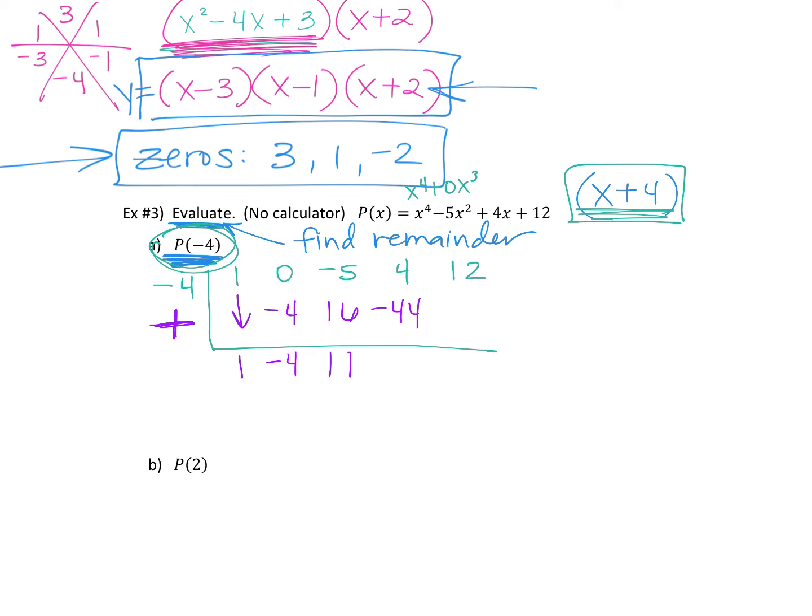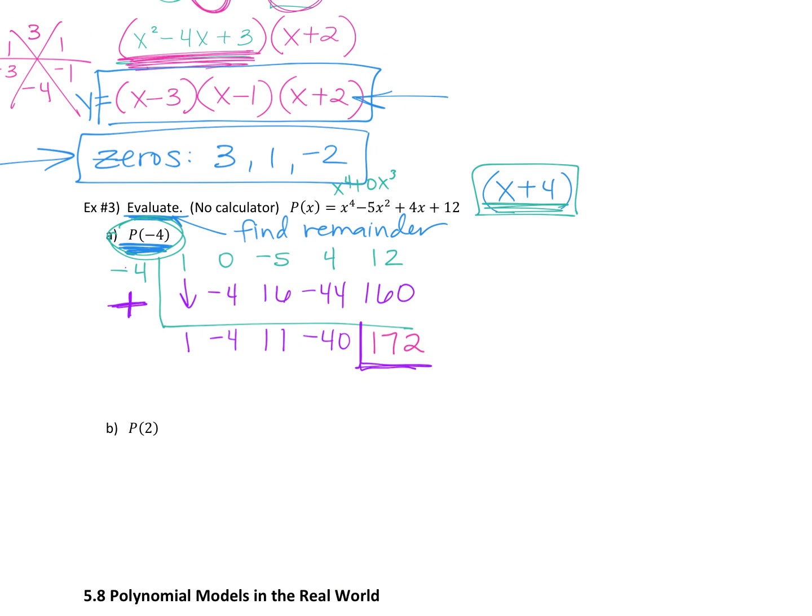Add those together. You get a -40, and then don't forget, this is your remainder, and that's what we're looking for here. You don't even have to write a polynomial from this. You just need the remainder. -4 times a -40 is 160. What's your remainder? 172, okay? So when they say evaluate P of -4, your answer is 172.